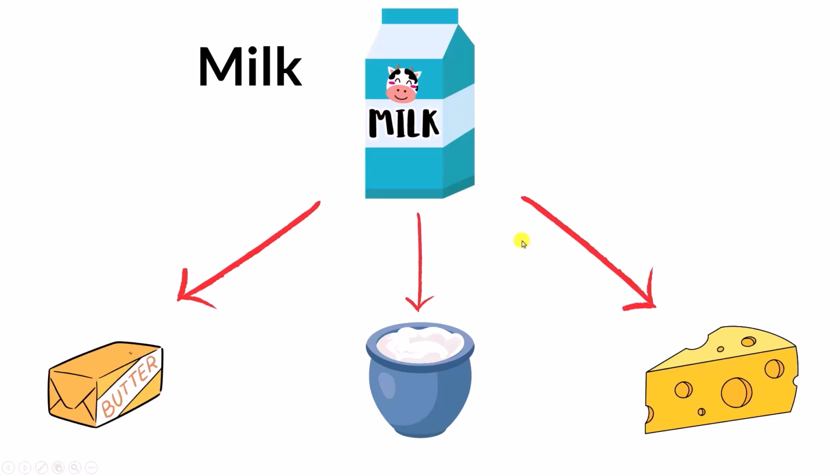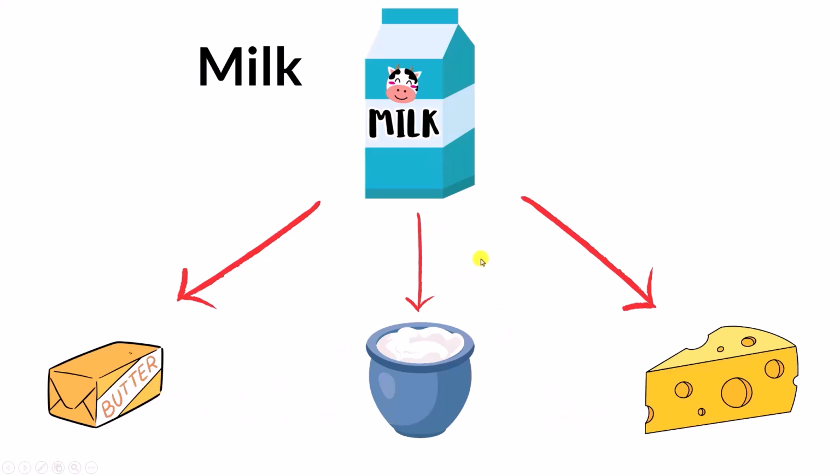If the price of milk increases, the price of butter, yogurt and cheese also increases. And in the same way, if the price of milk decreases, then the price of butter, yogurt and cheese also decreases. So these are derived from this, or these are the derivatives.